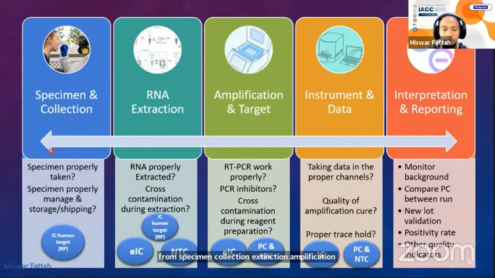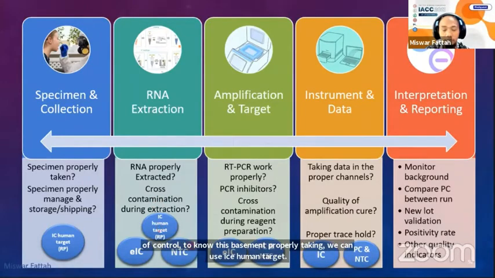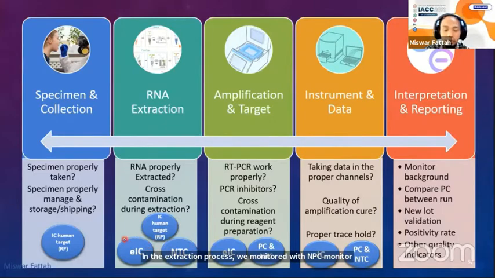operating, and reporting. This is a type of control to know the specimen was properly taken. We can use an IC human target. In the extraction process, we monitor with NTC to monitor contamination, or an exogenous internal control, or an endogenous internal control.